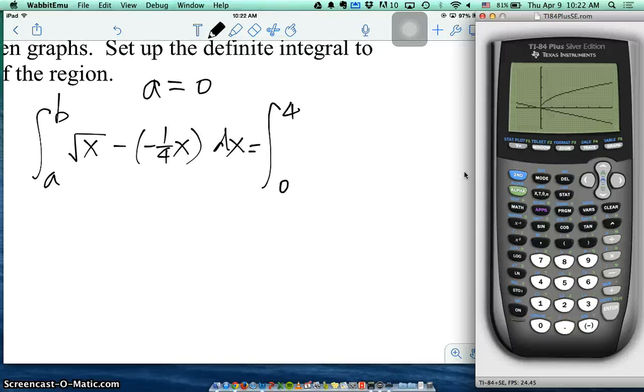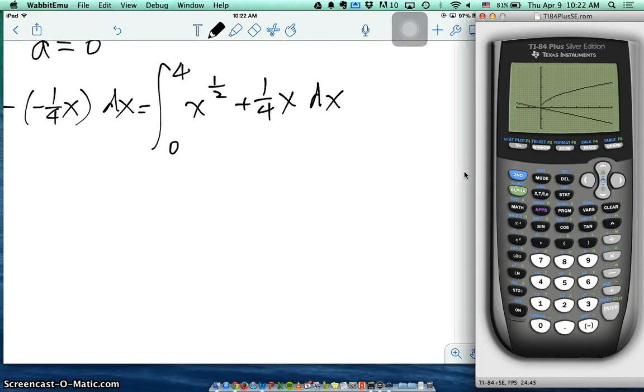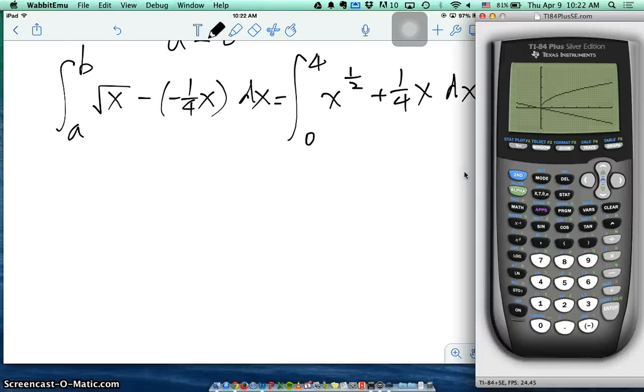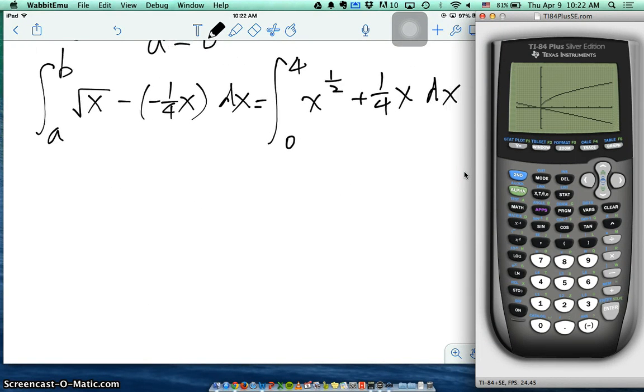So now we have the square root of x, let's change it into x to the 1/2, minus negative, so plus 1/4 x dx. Again, this is an easy integration, so we can quickly do it on the left hand side, so this way everybody can see. Integration from 0 to 4.